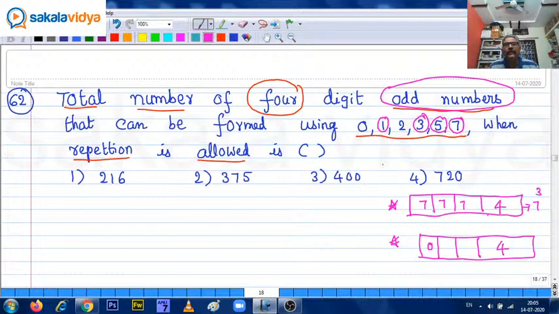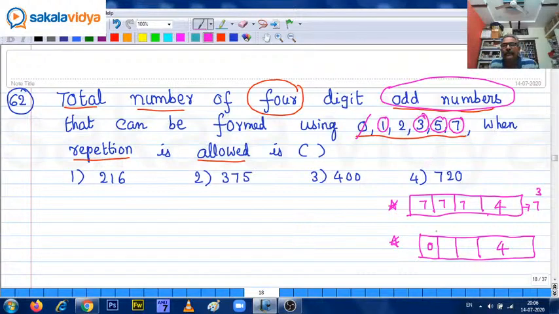Now already 2 are filled. That means 0 is filled and the next one will be filled. Repetition is allowed.